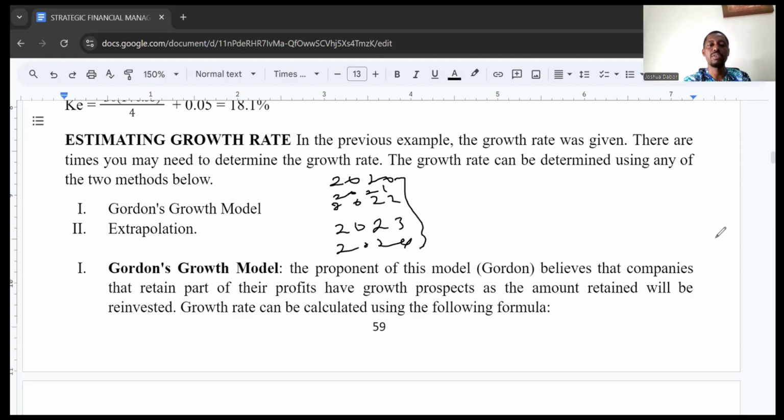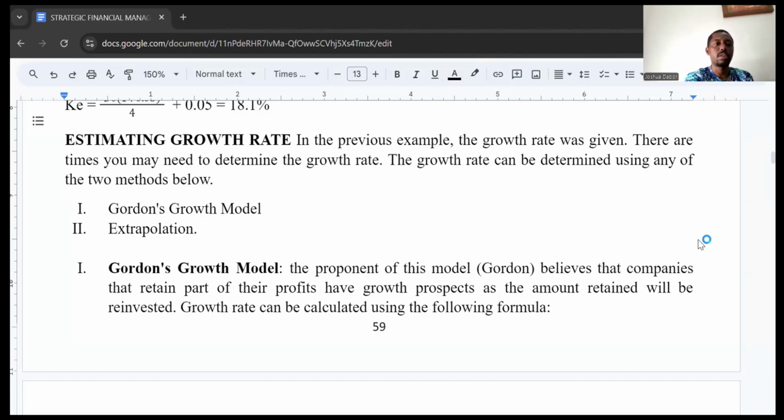So the examiner may give you dividend for this number of years. So you may want to check to see if the dividend will be growing. So whenever you see historical dividend, it means that you are going to calculate the growth rates before you calculate the value of the company's share using the dividend valuation model.